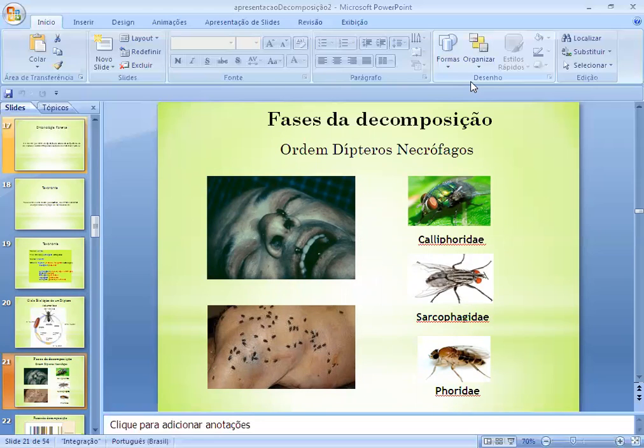Each stage of the decomposition is more attractive for a certain family of Diptera.